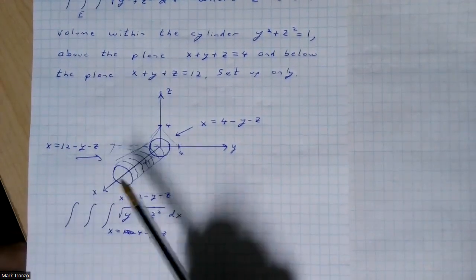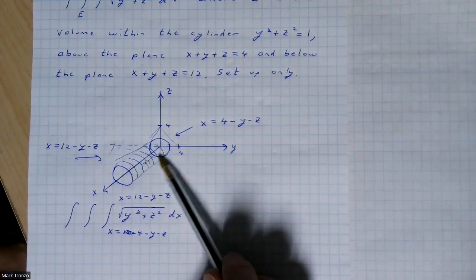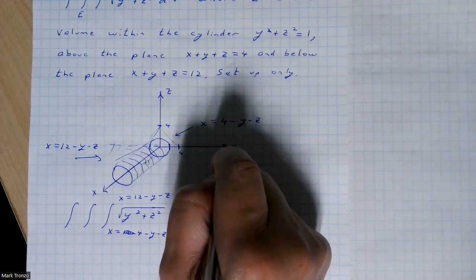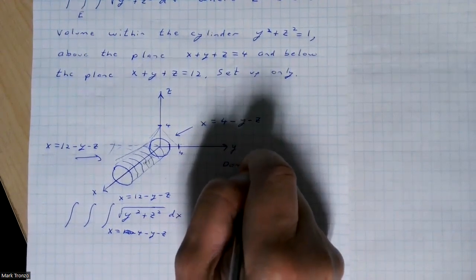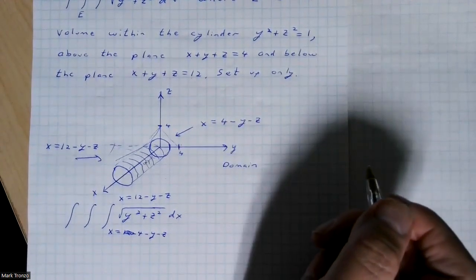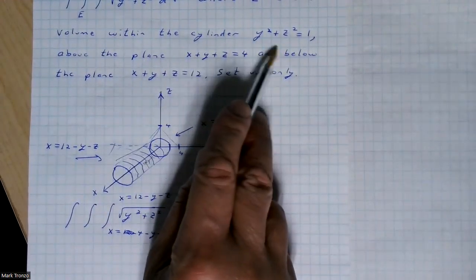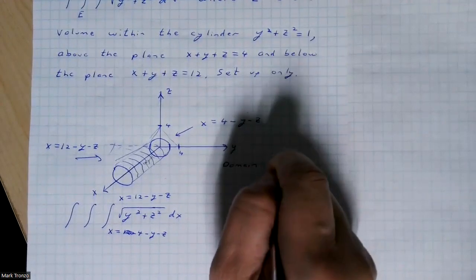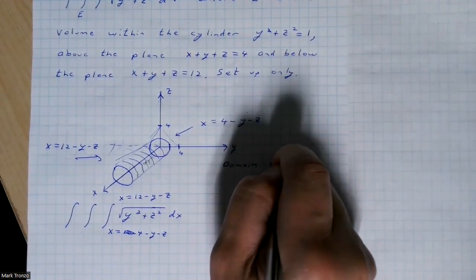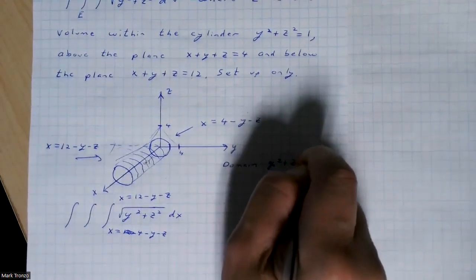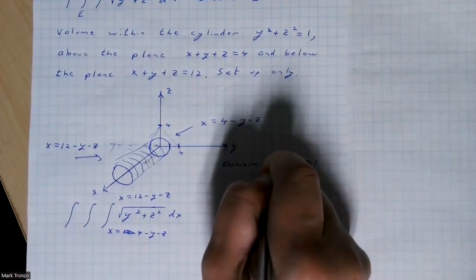And then notice it's within this cylinder. So the domain for the last two integrals is going to be the circle of radius 1, which is y squared plus z squared is 1.